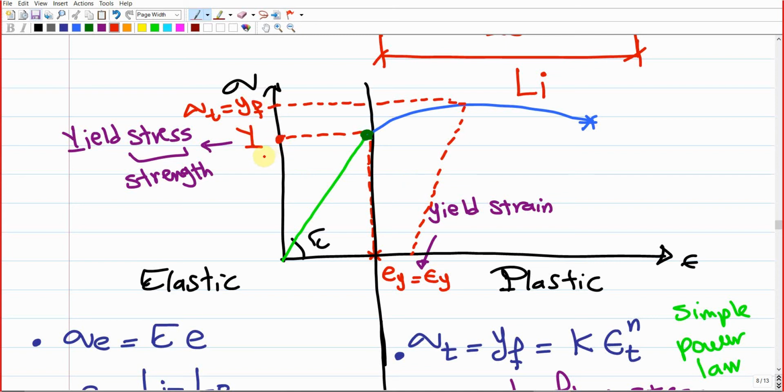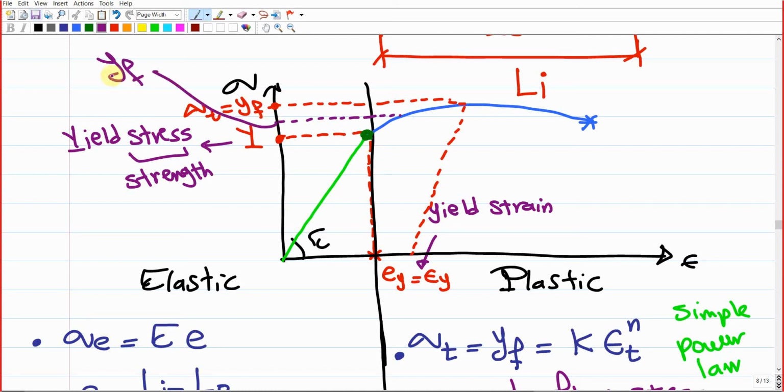Some of the metal forming processes, their deformation should be described using the flow stress. And some other operations, their deformation should be described by the average between the flow stress and the yield strength of the material. You're already taking the average between these two values. You got my point?